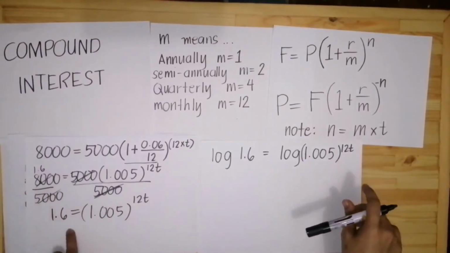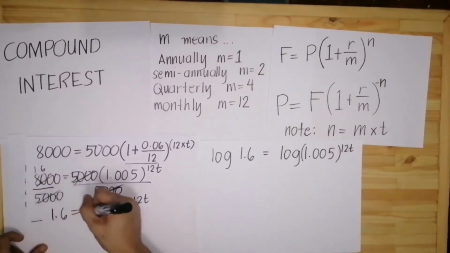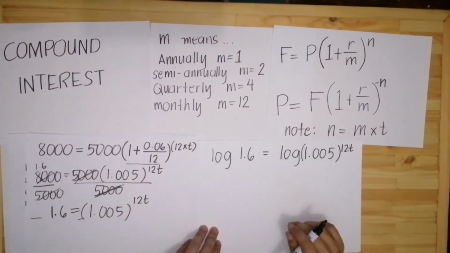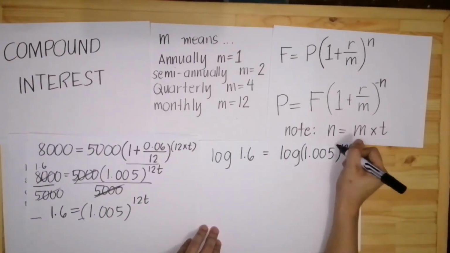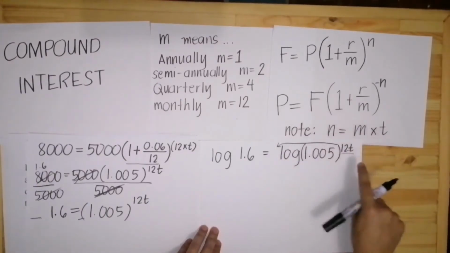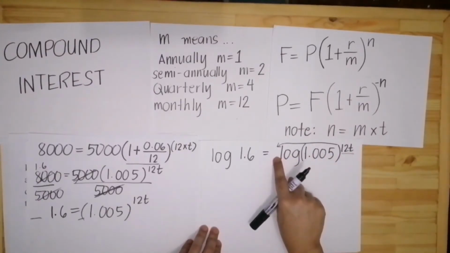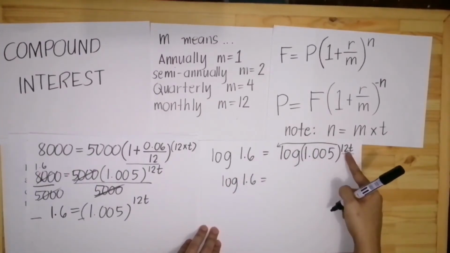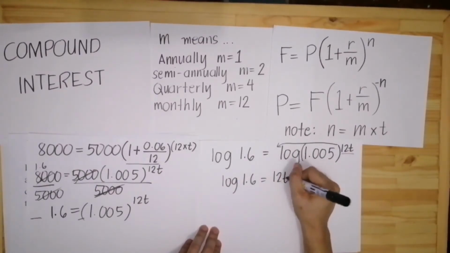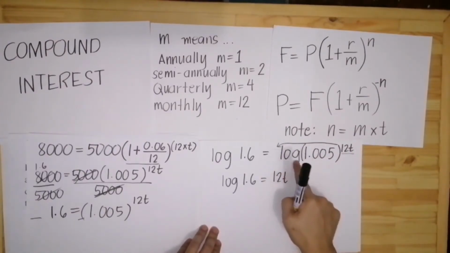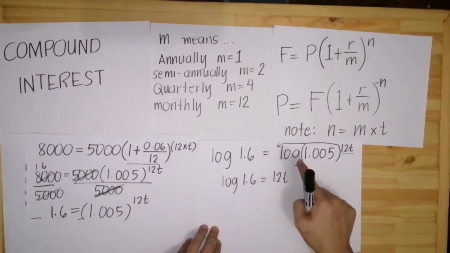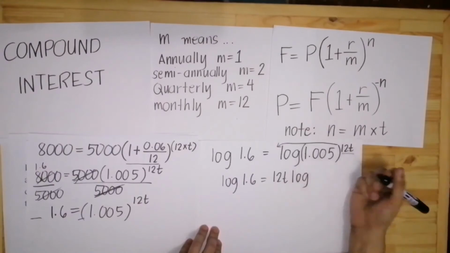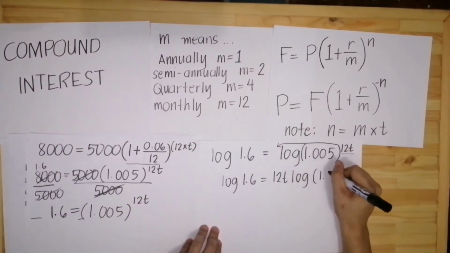Ang ginawa ko lang, nilagyan ko na ng log dito, tsaka log dito sa katabi. To the base 10 yan parehas. Then, meron tayong property sa logarithm. Kapag merong exponent dito, it will become a numerical coefficient. Ibababa mo lang yan dito sa gilid ng logarithm. So, magiging logarithm 1.6 equals, yung 12t pwede mo na ibaba yan dito. Maibababa mo lang yan kapag may logarithm ka na. Kaya kailangan mo maglagay ng logarithm dito, dapat sa kabila meron din logarithm. Then logarithm, then copy mo lang yung 1.005.